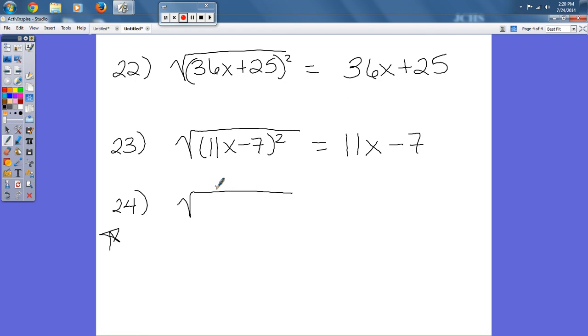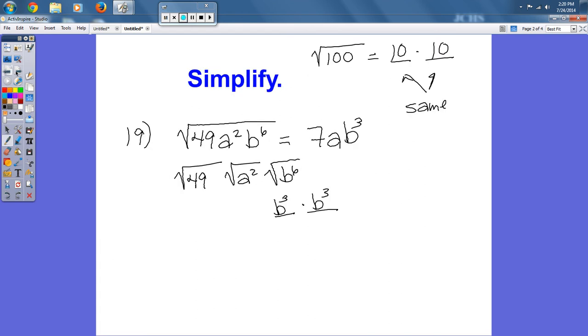And what do I have here? 9m squared times the quantity 2p to the 3rd minus q quantity squared. Now, go back to question 19. Remember what I did? I took all these and I broke them up.